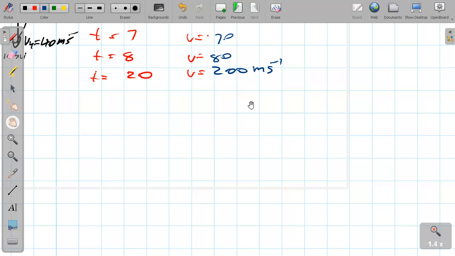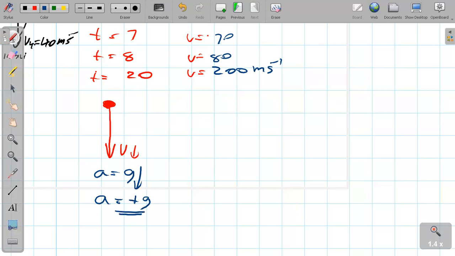So the acceleration is a positive value for free fall. The object falls downwards, children. The movement is downwards, so the acceleration is also downwards. So acceleration is what? Positive g in this sense.